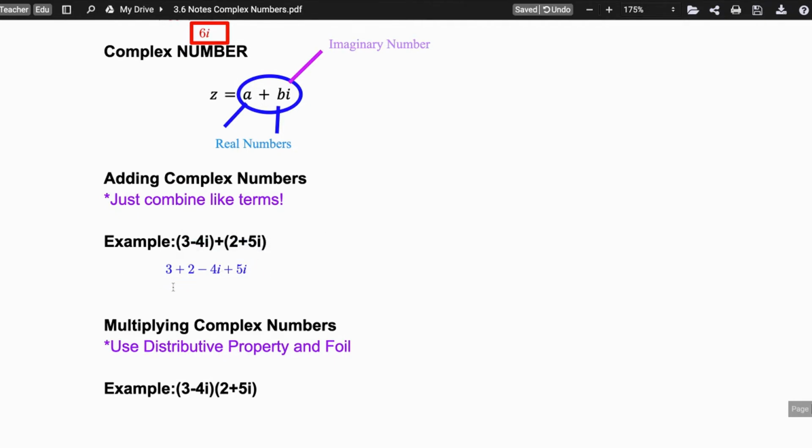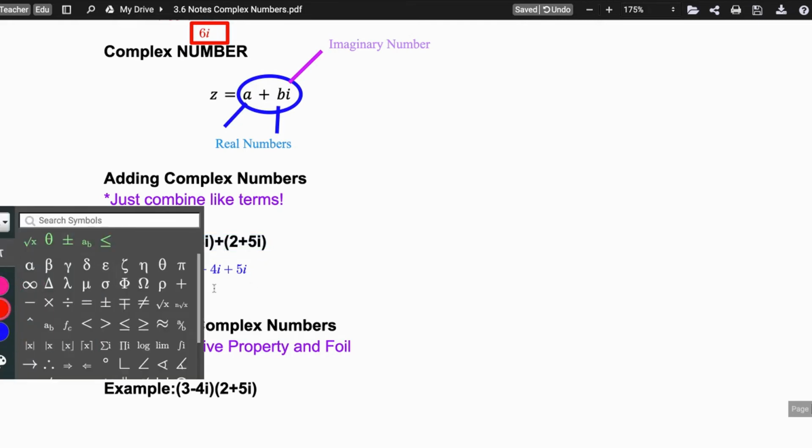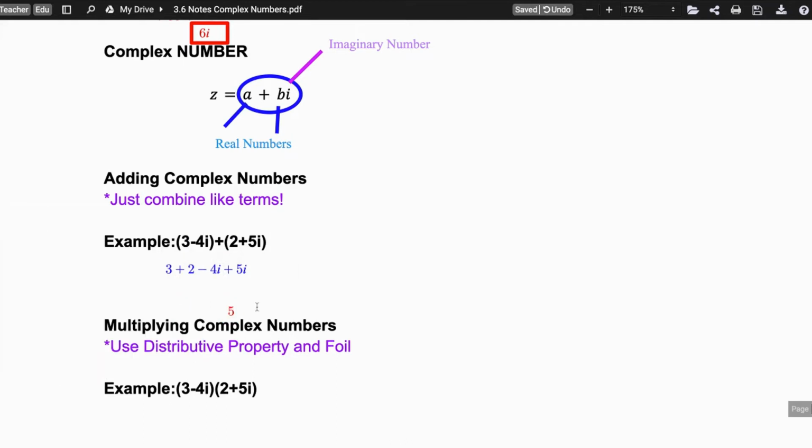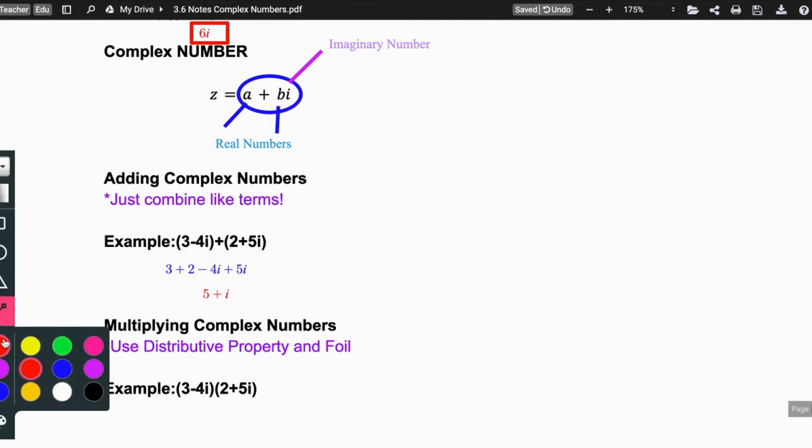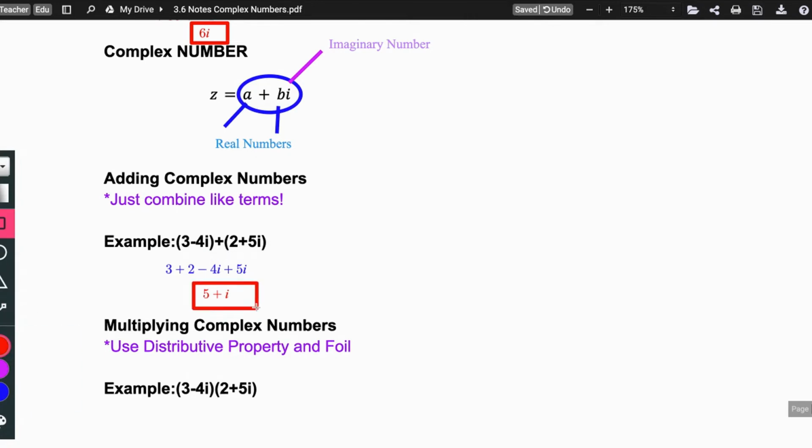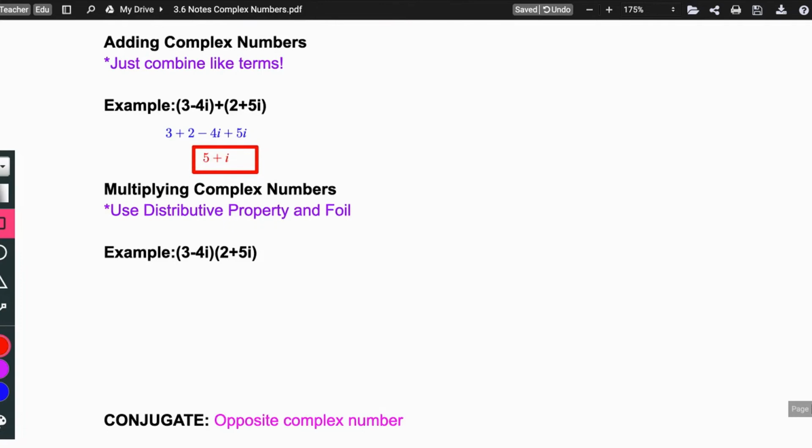Now I simplify by combining the like terms. Well, 3 plus 2 is 5, and -4 plus 5 is 1i, or just i. So my answer is 5 plus i. Hopefully you're not having too much of a hard time with it. It's not the worst thing in the world.